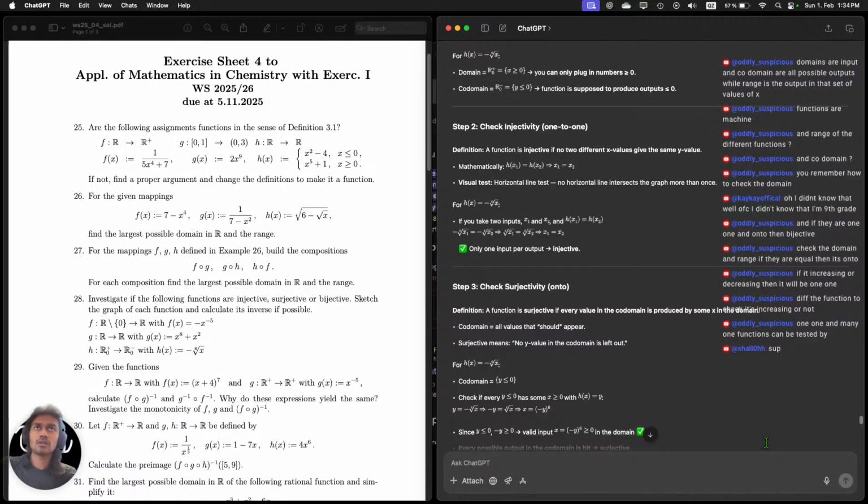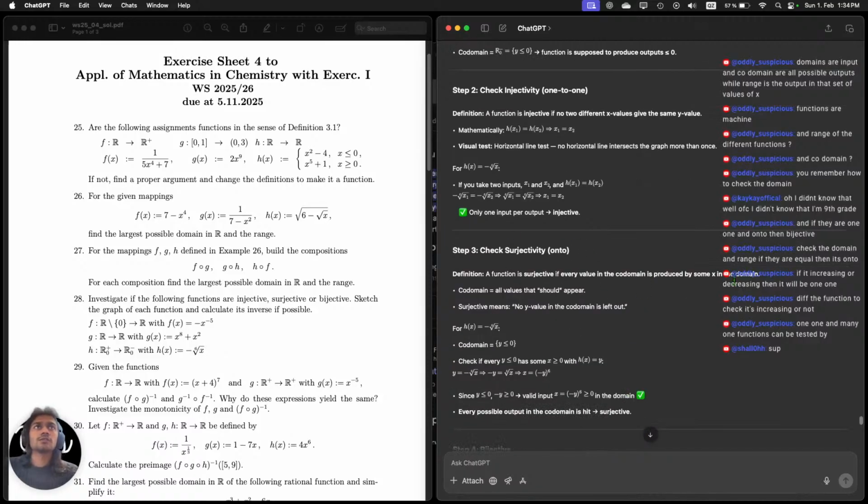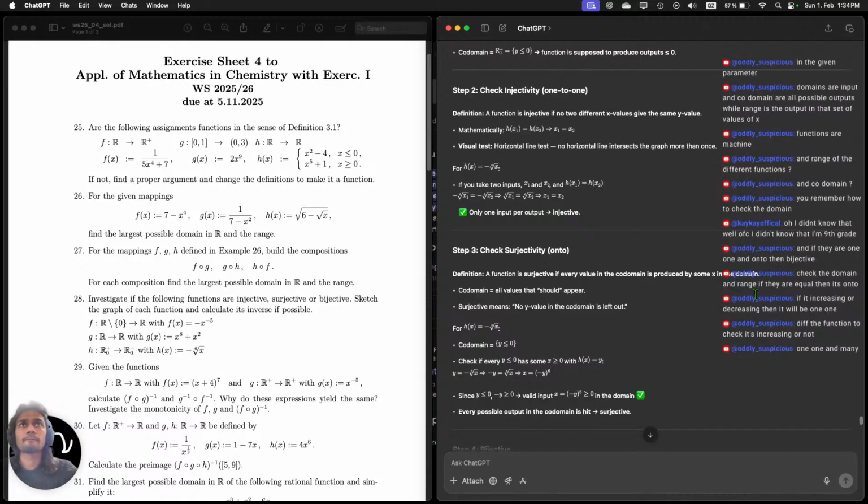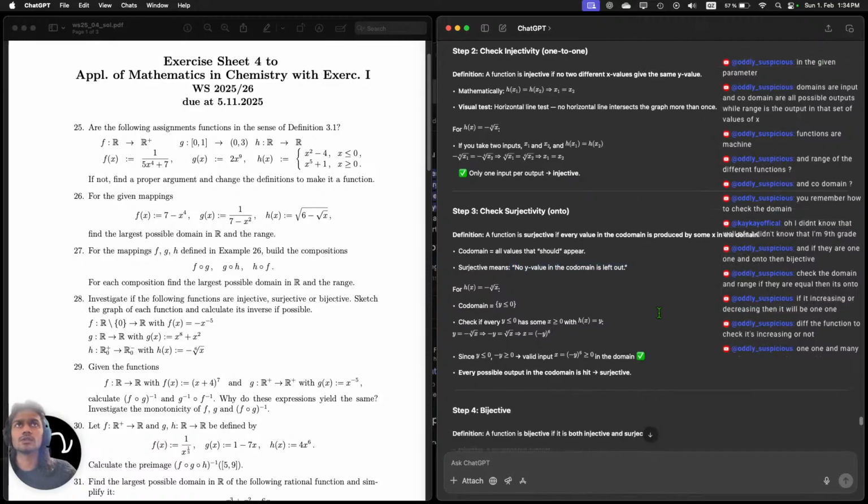So it's only surjective if all the y values are used by some x value or input. Okay, that's a pretty understandable definition.